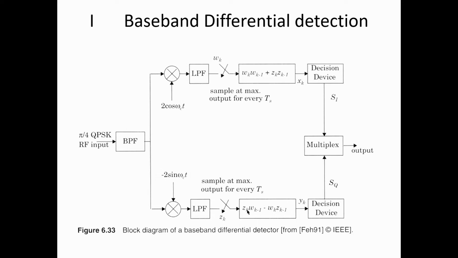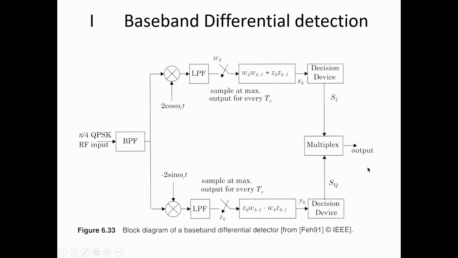If xk is greater than 0, then the SI value will be 1. If the xk value is less than 0, then the bit is considered as 0. Similarly, if yk is greater than 0, then the SQ value will be considered as 1. If the yk value is less than 0, it will be considered as 0. These SI and SQ in-phase and quadrature phase components are again multiplexed and given to the output.